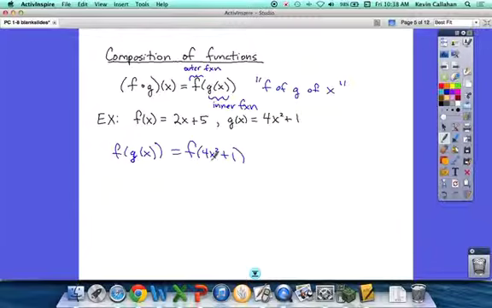I've seen students do this, that they seem to have a little more ease. Just take this thing and put it there. So that'll be 2 times 4x squared plus 1 plus 5.